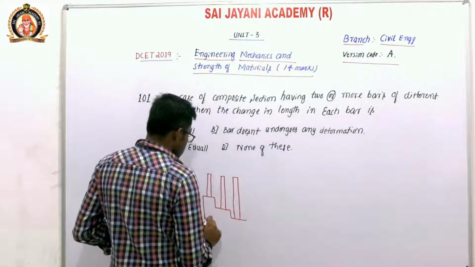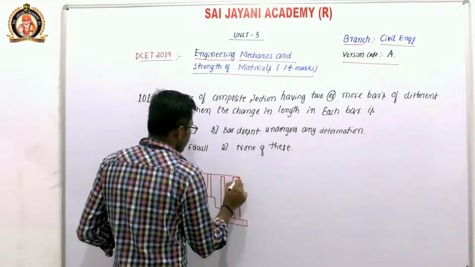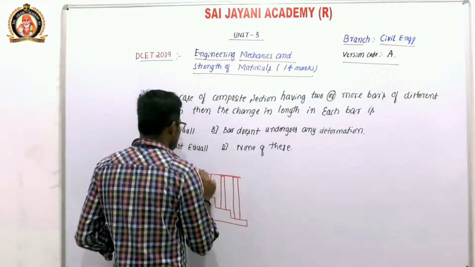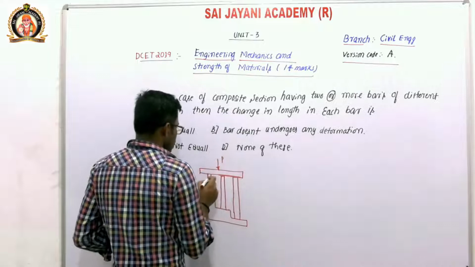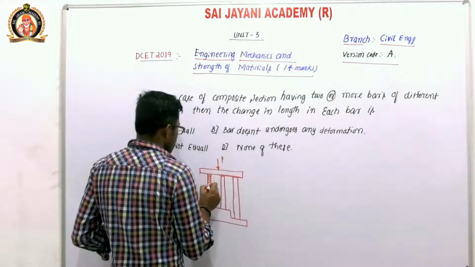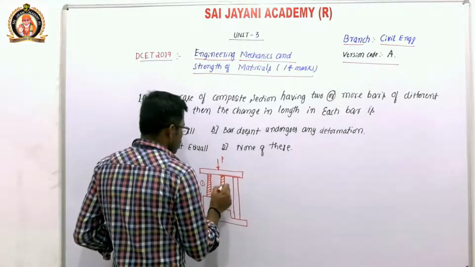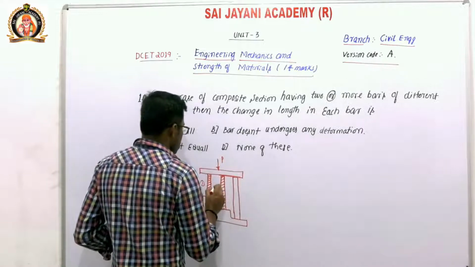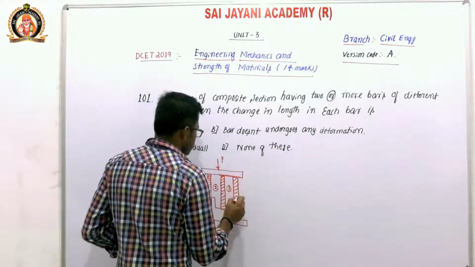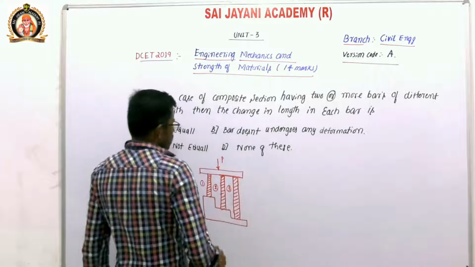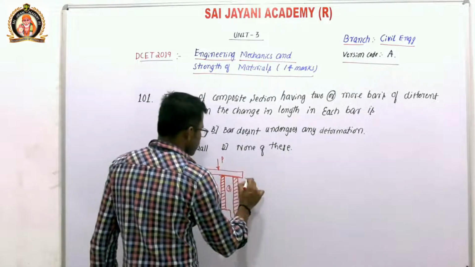Consider 3 bars of different length when it is subjected to a load P. So this is bar 1, bar 2, bar 3, which is a composite section having 3 bars of different length.